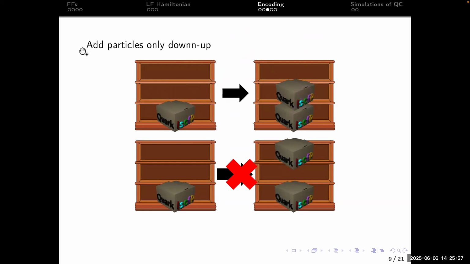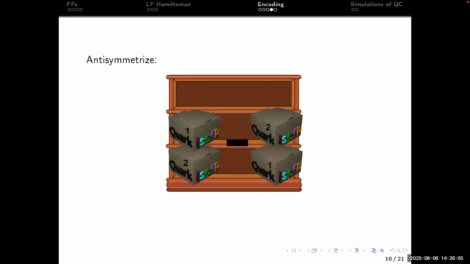Otherwise, we only interpret this as currently filled, and this will be a state that we cannot interpret. And also we have to antisymmetrize the memory. This will be a quantum bookshelf because our particles are in superpositions. So if you measure the first shelf, you will find a particle that has quantum numbers of index 2 and quantum number of index 1.